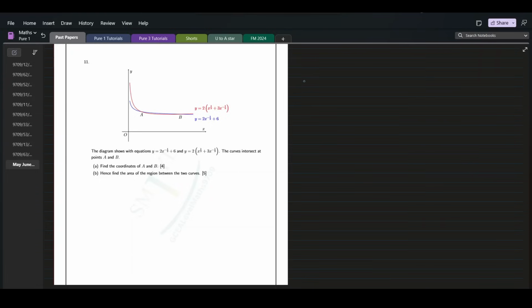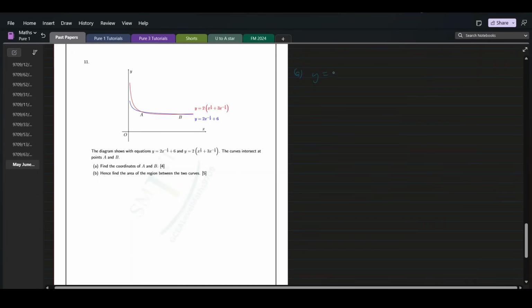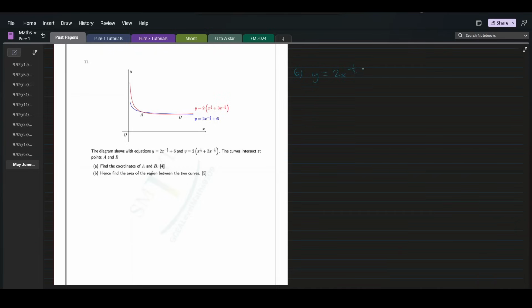So in part A, we're simply solving for points of intersection. We've got y is equal to 2x to the negative half plus 6, and y is equal to 2x to the half plus 3x to the negative half. Let's equate the two equations.